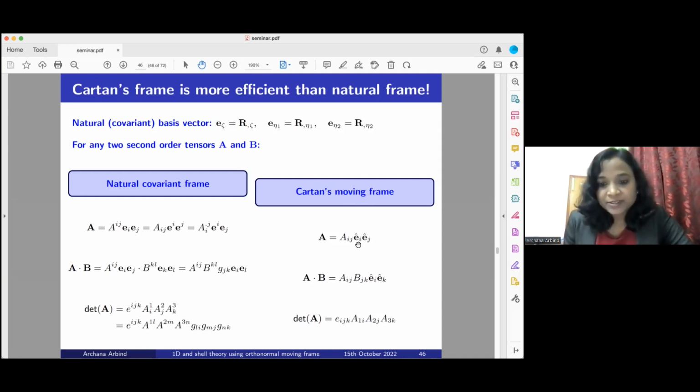The only difference is that here Ei and Ej, the basis vectors, are not constant, but vary throughout the space, so we have to take that into account. Otherwise, it is very similar, so that is why the formulation becomes a little bit easier.